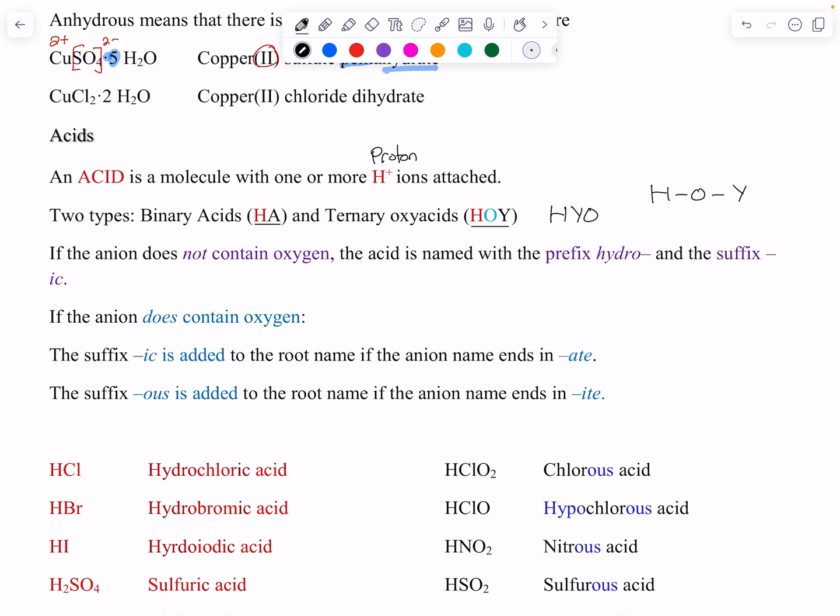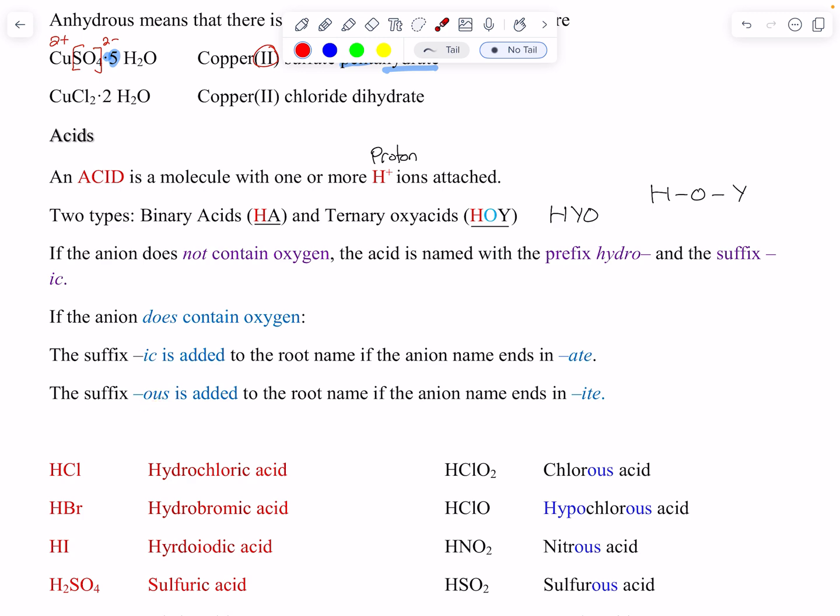Now, for binary acids, most of the time they don't contain oxygen, though some do. So if there's no oxygen, you use hydro and ic. This is very similar to when I was in Spanish class learning how to conjugate verbs. If you do have oxygen, ate becomes ic, and ite becomes ous.